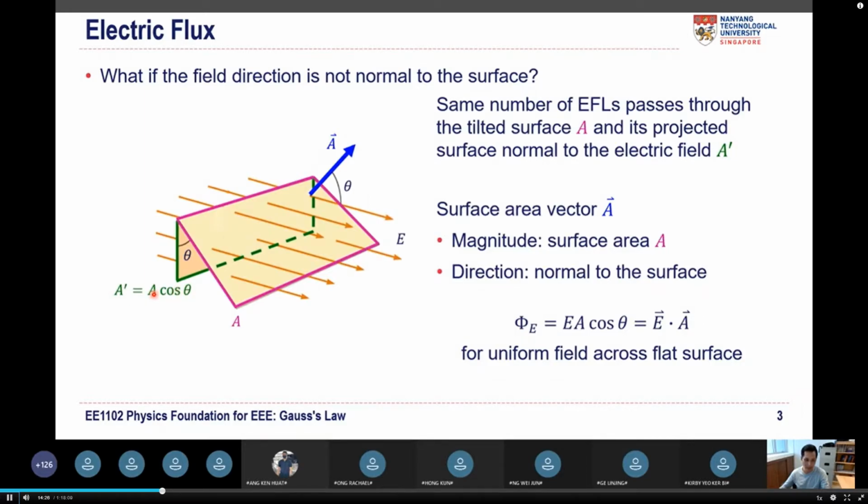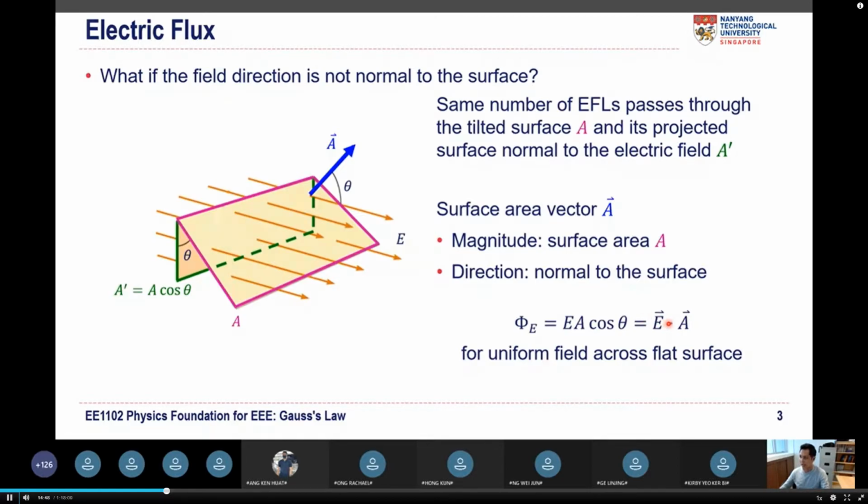You take cosine of that theta, and that gives you this projected area. You multiply that with E to get phi. In other words, it will be given by this equation here. And using the dot product, we can express it this way.